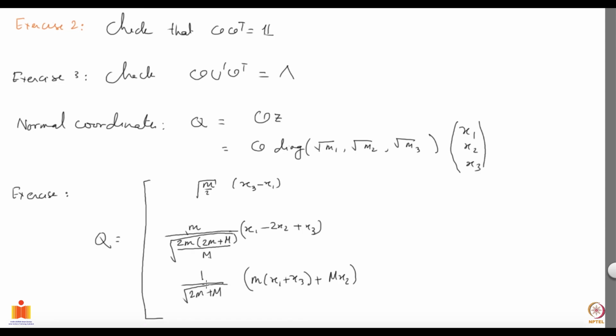I saw this factor in the denominator, which is 1 over square root of m, and I thought I'm doing something wrong. But then I have a mass here, which these together make the same as here. So it's all fine. There is no mistake, I believe. Okay, so that is the Q. So you know what your normal coordinates are in terms of x1, x2, and x3. Okay, that's good. Let's see what next.